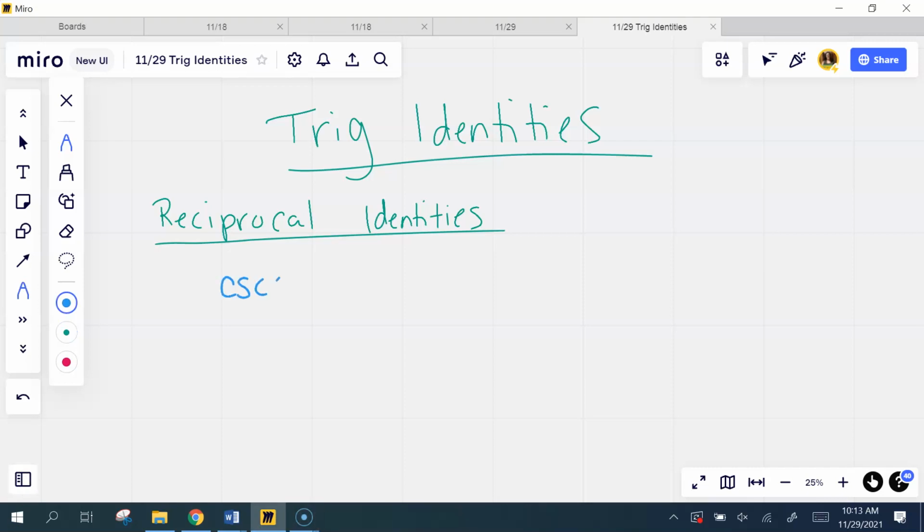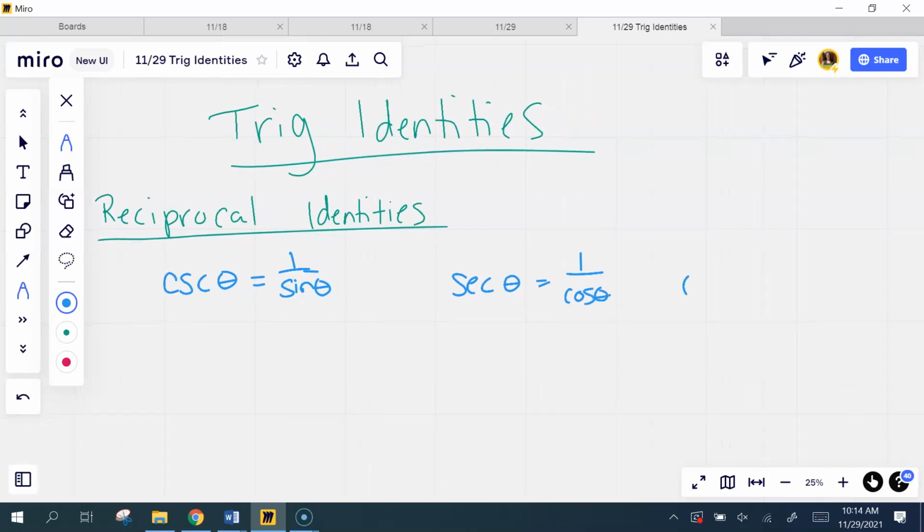So in other words, cosecant theta is equal to what? 1 over sine of theta. That's exactly right. How about secant? 1 over cosine. And how about cotangent? 1 over tangent. I could also say that this is cosine over sine.